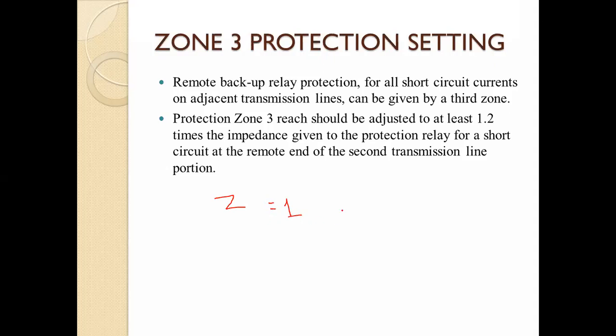But for this third zone, we have to set this at least 1.2 times the set value of the relay, for short circuit at the remote end of the second transmission line portion. So this is your third zone protection.